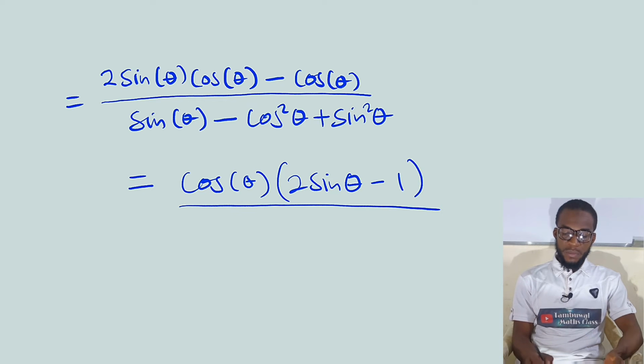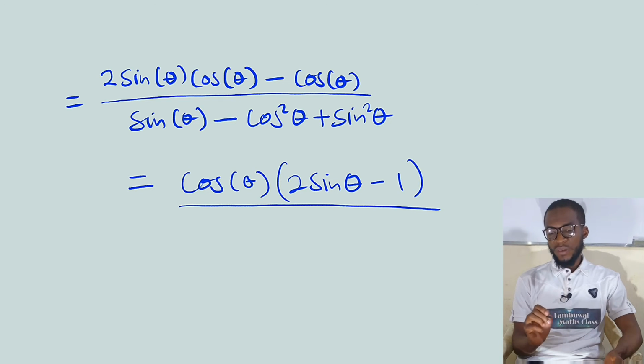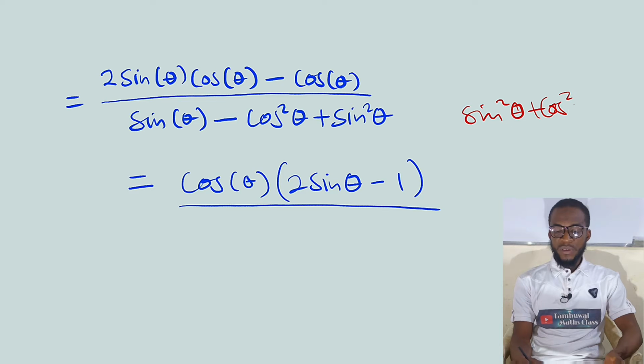And to the bottom, one thing you should know is that cosine squared theta can be written as 1 minus sine squared theta, because sine squared theta plus cos squared theta is equal to 1. Therefore, cos squared theta is equal to 1 minus sine squared theta.